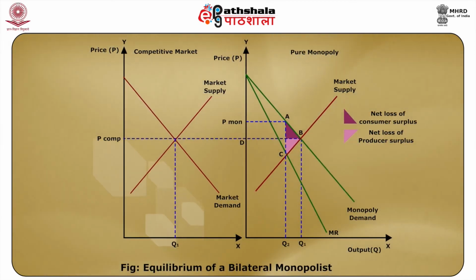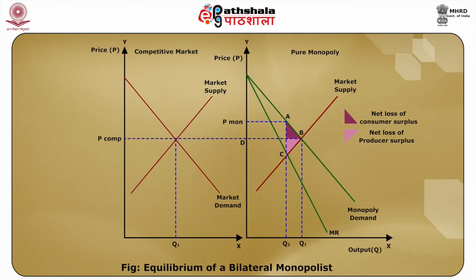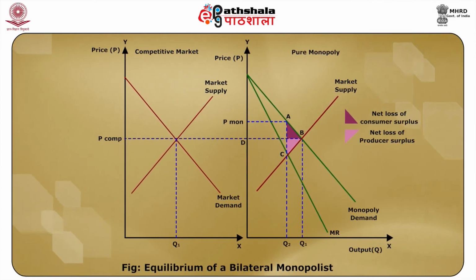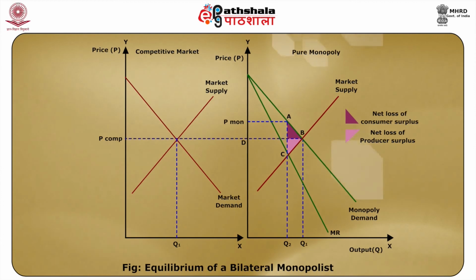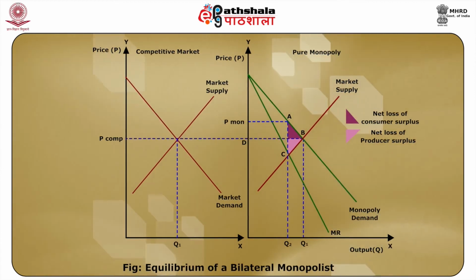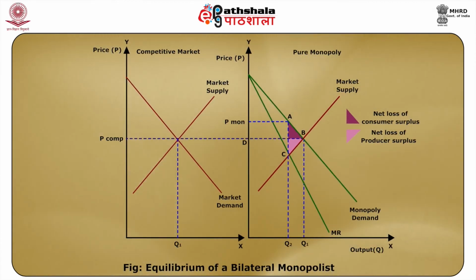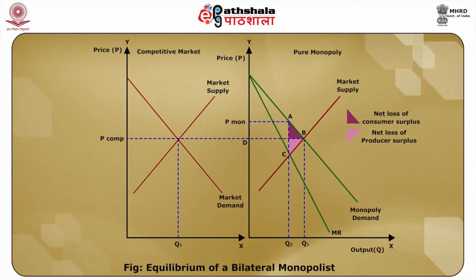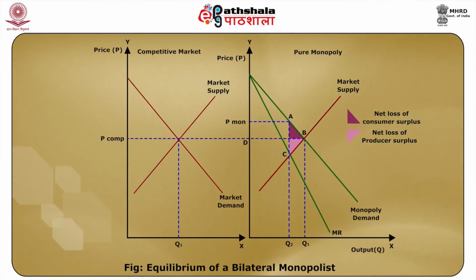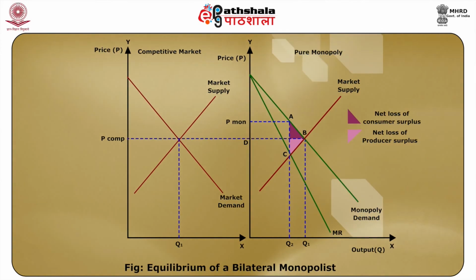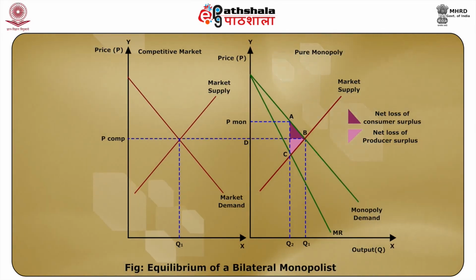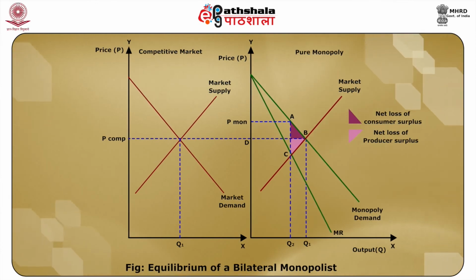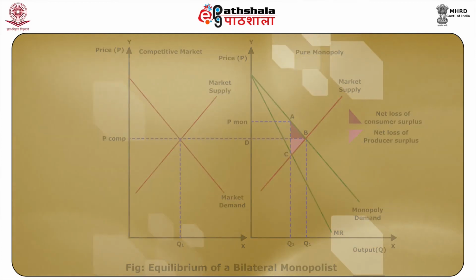But if the same industry were a monopoly, then social welfare would decline by the area A, B, C, as the monopoly restricts output at Q2 and charges a high price P MON. Monopoly tries to restrict output by inefficiently allocating resources.